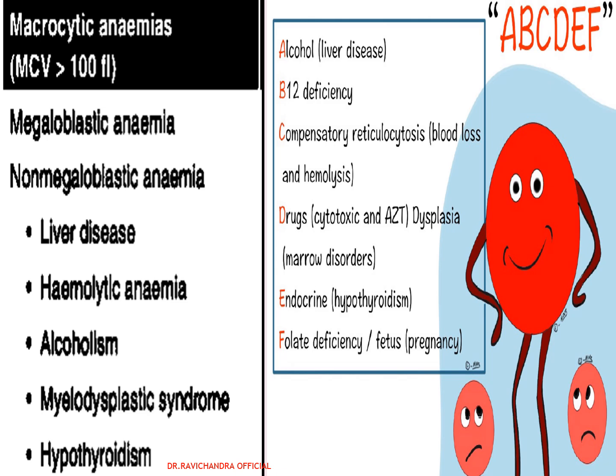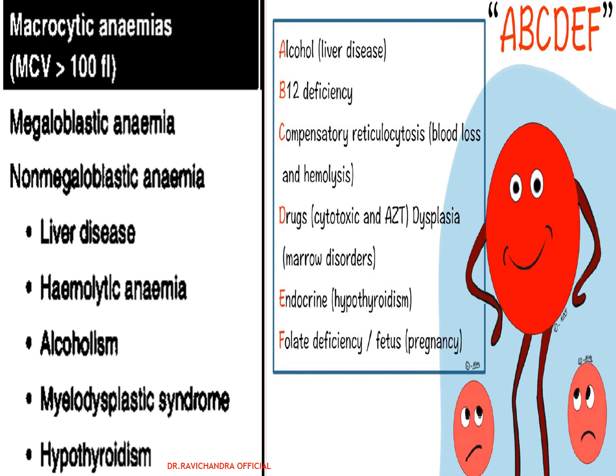Remember the mnemonic A, B, C, D, E, F. A for alcoholism, B for B12 deficiency, C for compensatory reticulocytosis, that is blood loss and hemolysis, D for drugs, cytotoxic and anti-folate drugs, and dysplasia, marrow disorders, E for endocrines, that is hypothyroidism, F for folate deficiency or fetus when the mother is pregnant.